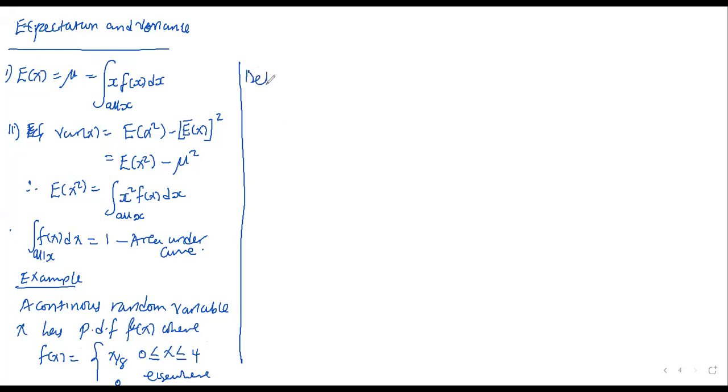Determine 1. Expectation of x. 2. Variance of x. 3. Standard deviation of x.